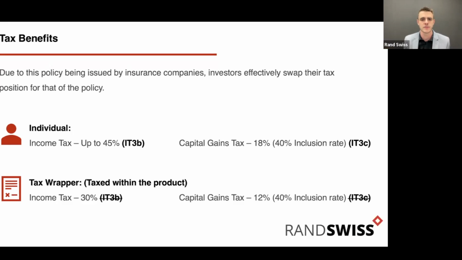So whenever you think of a tax wrapper, view it as: it's not in my name anymore. It's in the tax wrapper's name. So it's completely separating you and the tax wrapper. And this is very, very useful for lots of clients. I mean, we've seen lots of clients now immigrating. When it comes to immigration, it's impossible to know the tax laws of all the different countries out there.